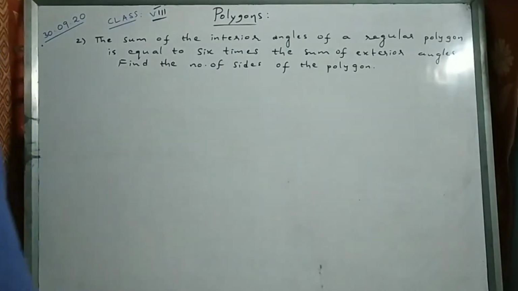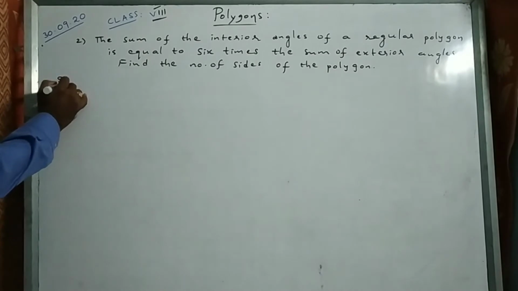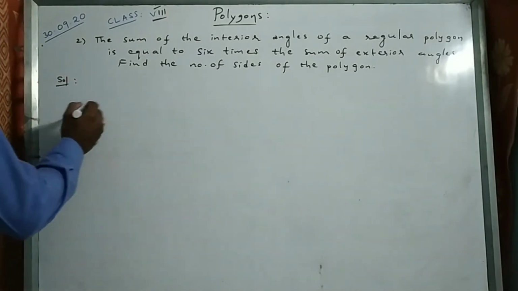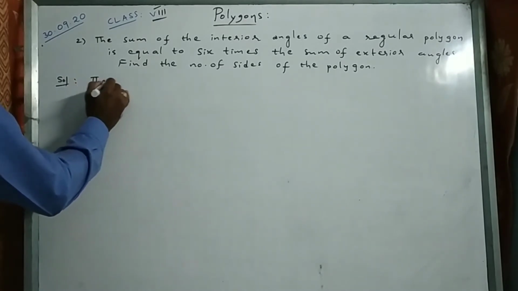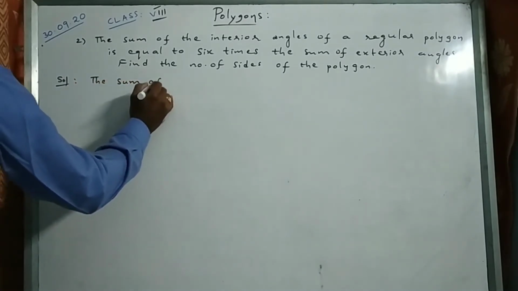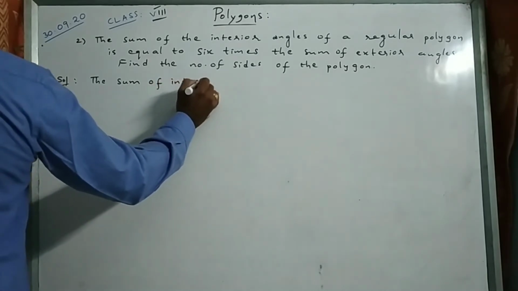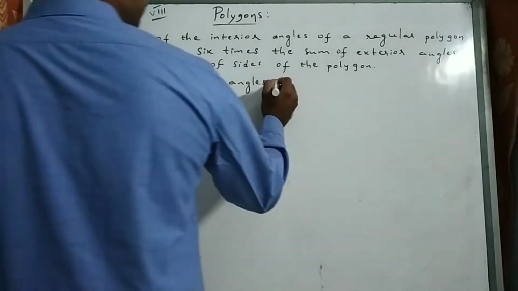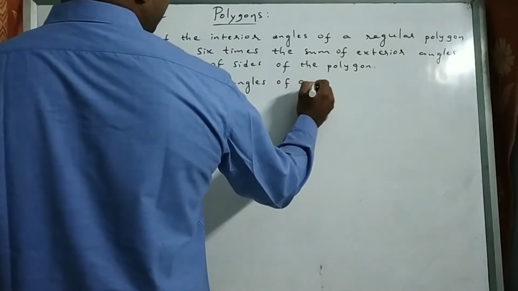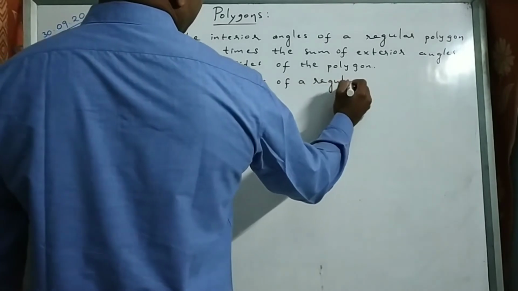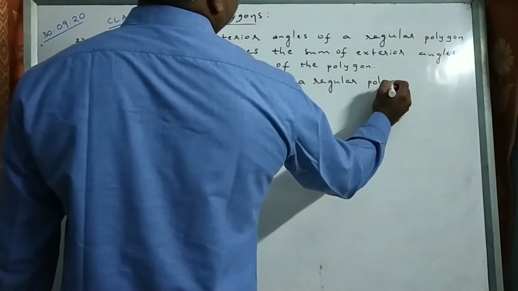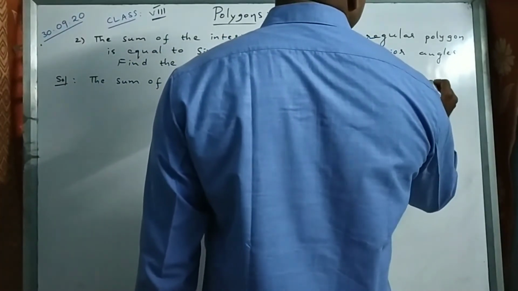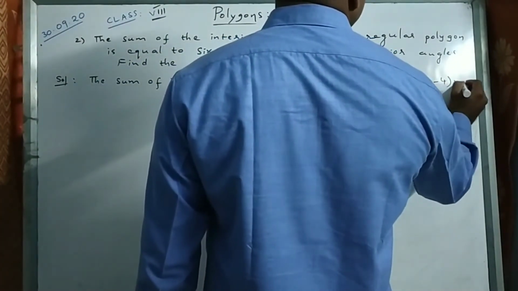How many formulas are involved here? 2 formulas, right? The sum of interior angles of a regular polygon is (2n minus 4) into 90 degrees.